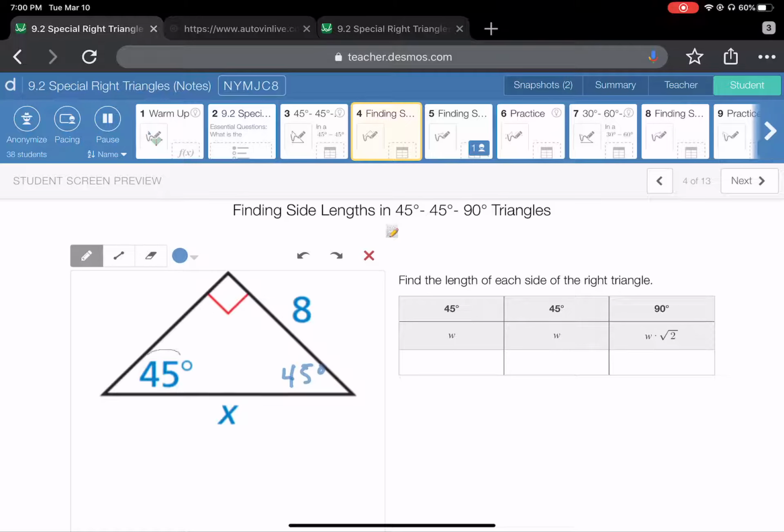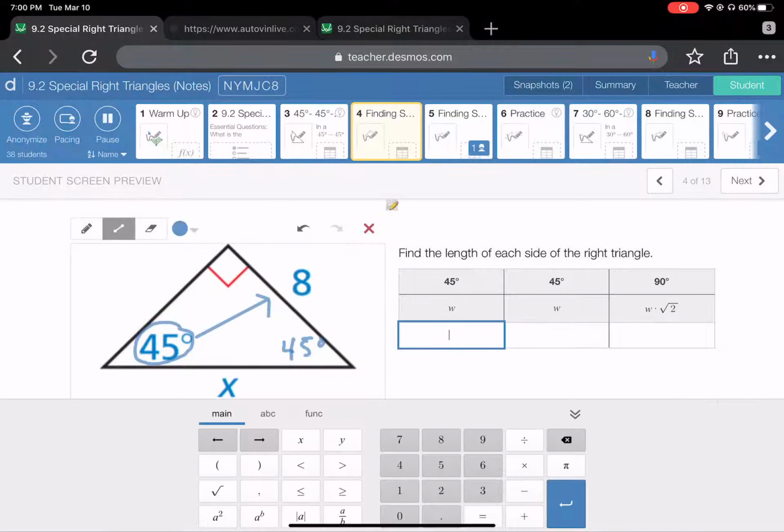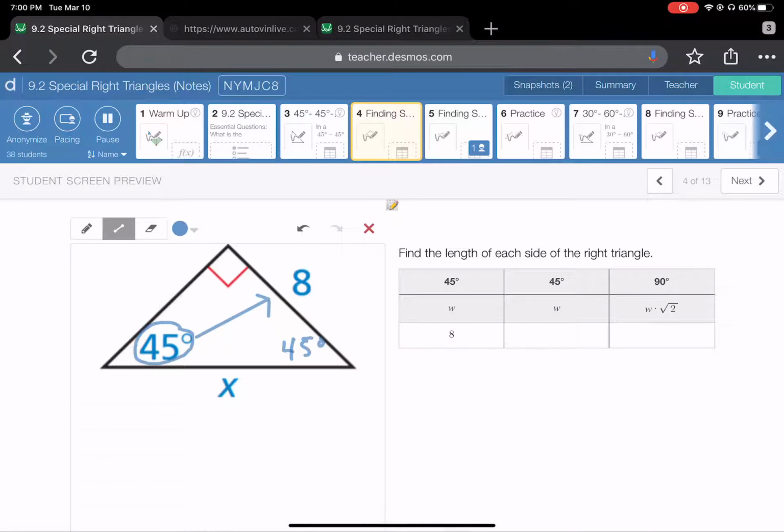What we did on the previous screen is the side across from the 45 degree angle, which is here, we called W, which is right above this first box that we get to fill in. But in this case we actually have a value, so we're going to call that 8.